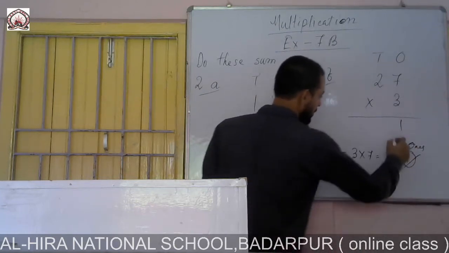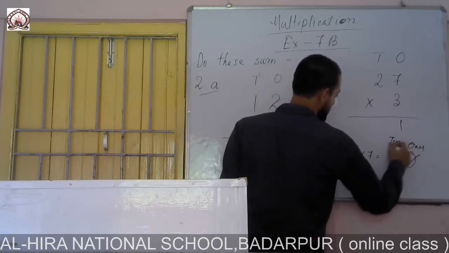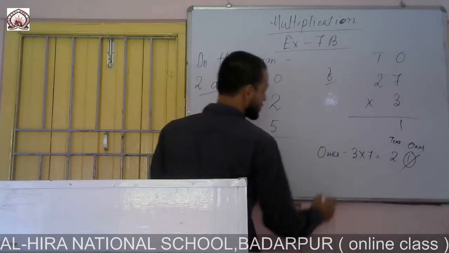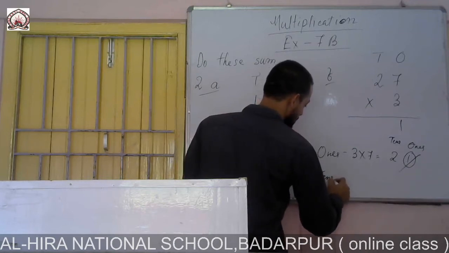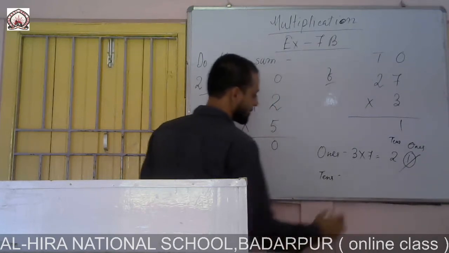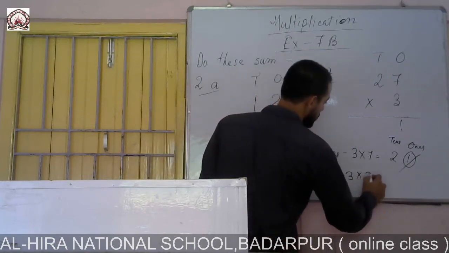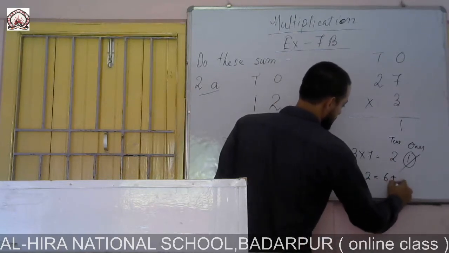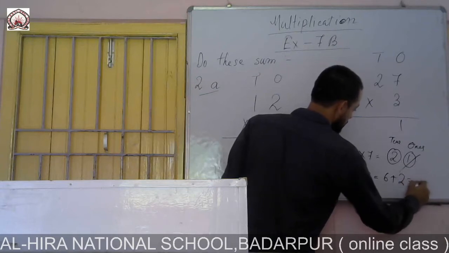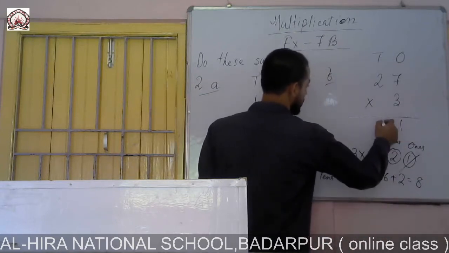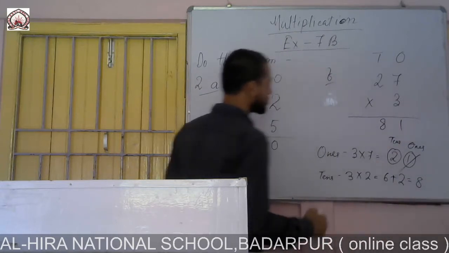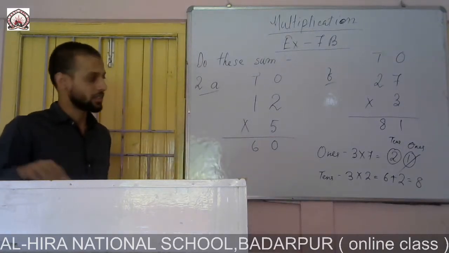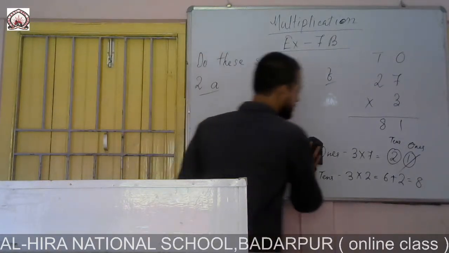Ones place. And this 2 will come to which place? Tens place. So next one is what? Tens place we have to multiply. That is 3 into 2 equals to what? 6 plus this 2, 8. So that means we have got here 8. So 8 will come to which place? Tens place. That is 8. The answer is 81.